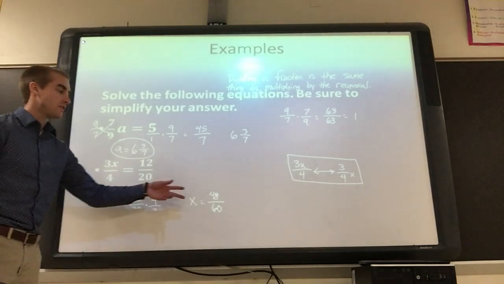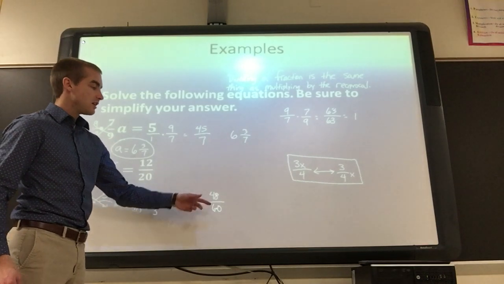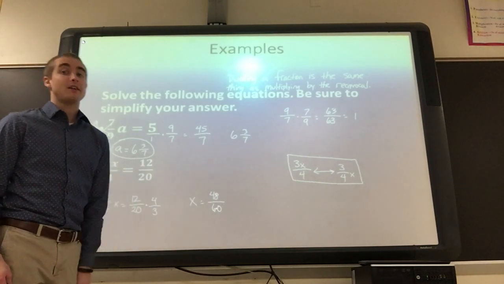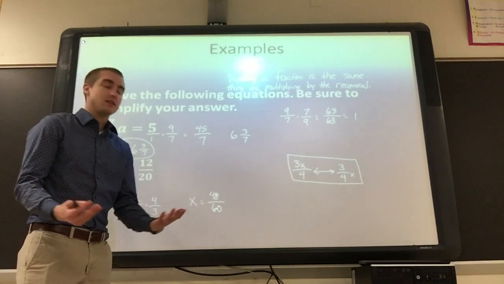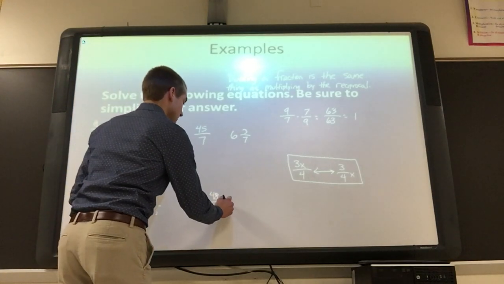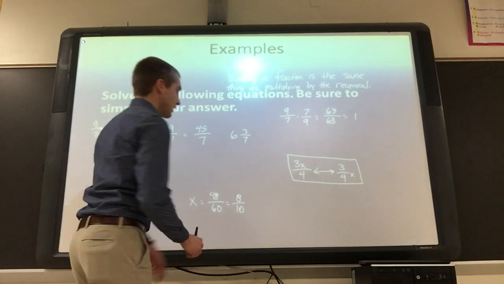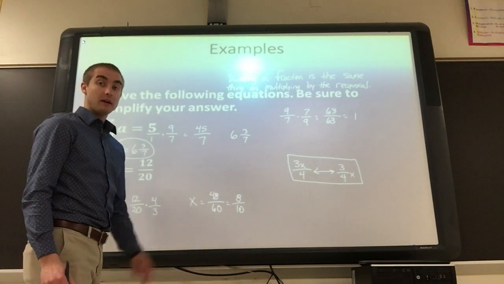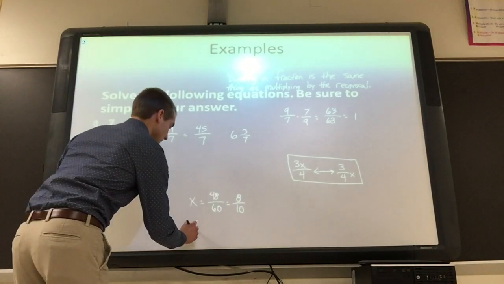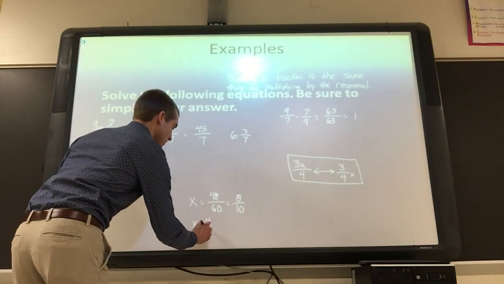Well, I need to simplify it. I can divide 48 and 60 by 2, by 4, or by 6. If I divide both of these by 6, I get 8 over 10. And I can divide 8 and 10 by 2. So x should equal 4/5.